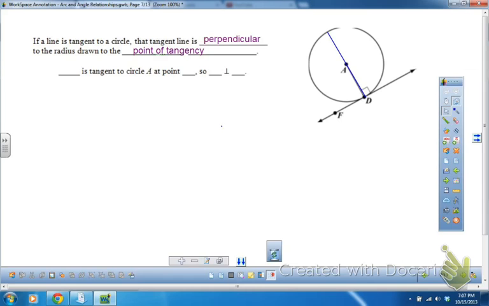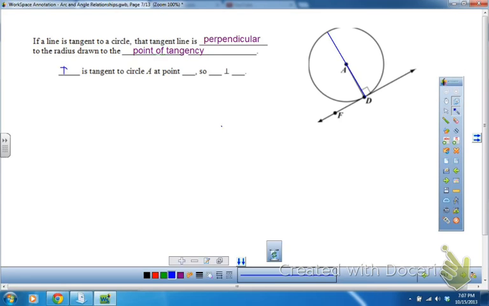So, anytime you have a tangent line and you were to draw from the point of tangency straight to the center, it will always create a perpendicular angle. Now notice that, when I extended that radius and made a diameter, the intercepted arc is a semicircle, 180 degrees, and so the inscribed angle there is 90 degrees.